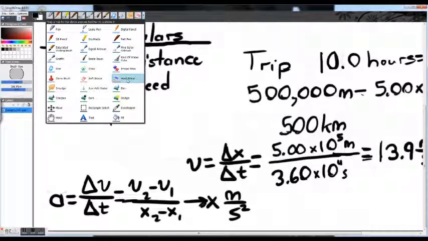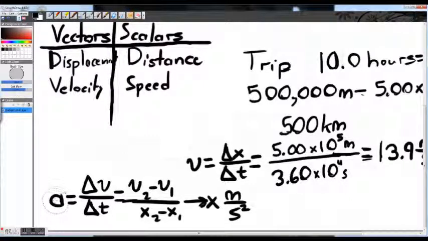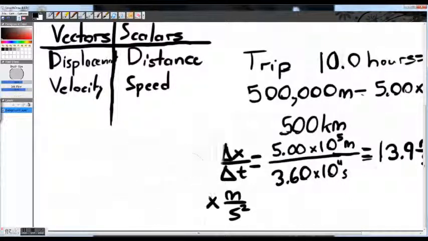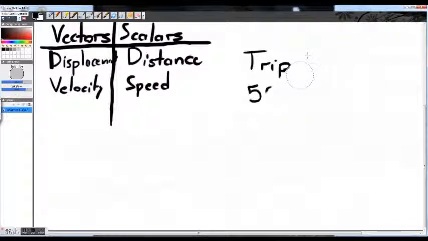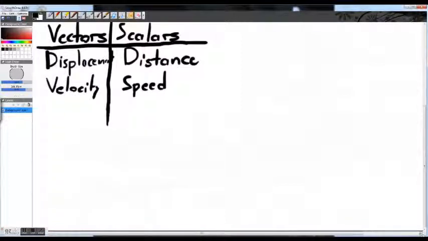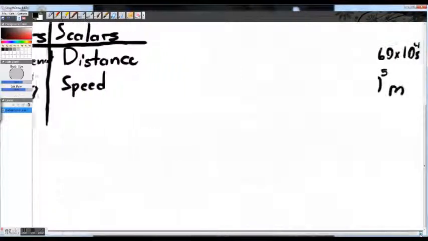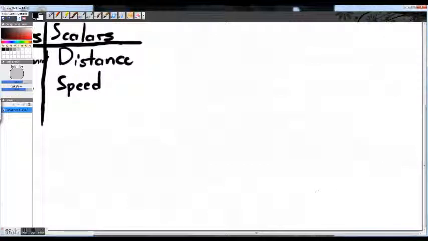And then there are equations for kinematics that we're going to derive in our next video that take into account constant acceleration. So a changing velocity. So we won't have an average velocity. We'll have what's called an instantaneous velocity.